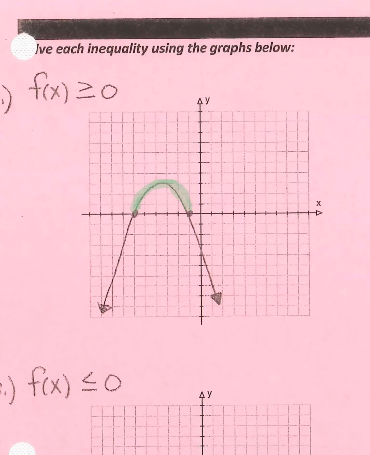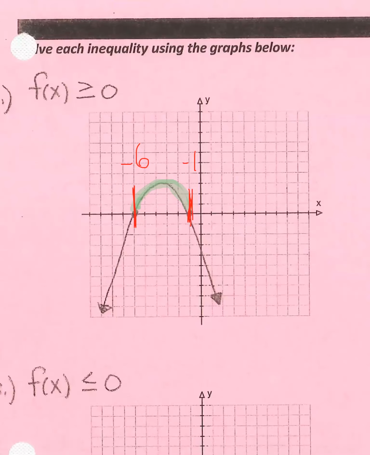I've got right here is -1, and it's going to go all the way to here, which is -6. So in between -6 and 1, my function is positive.